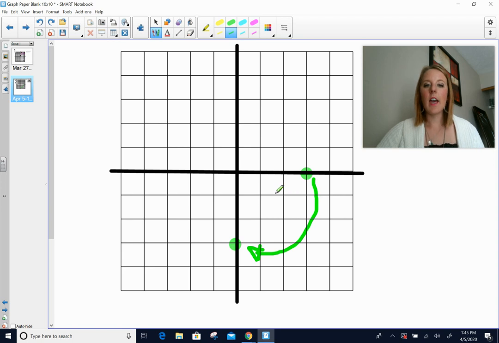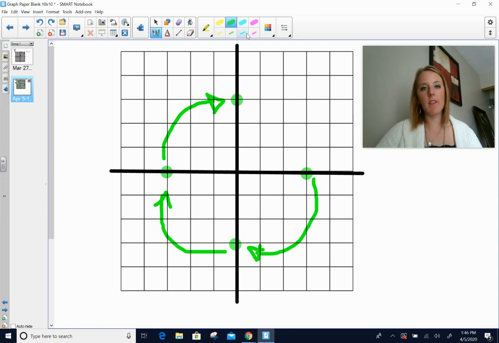If we want to go 180 degrees from our original spot, well, here we went 90. If we go another 90 degrees, that's 180. And if I go another 90 degrees, then that's 270. I'm sorry. 90, 180, 270.